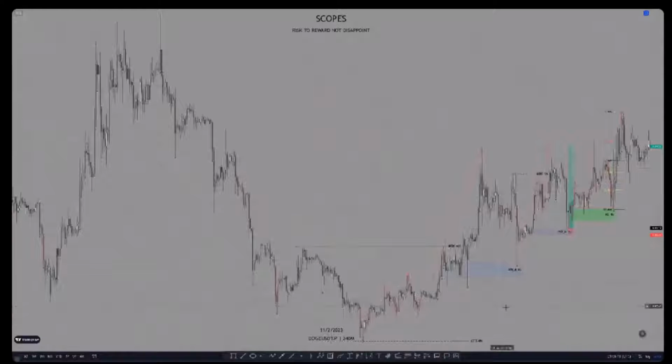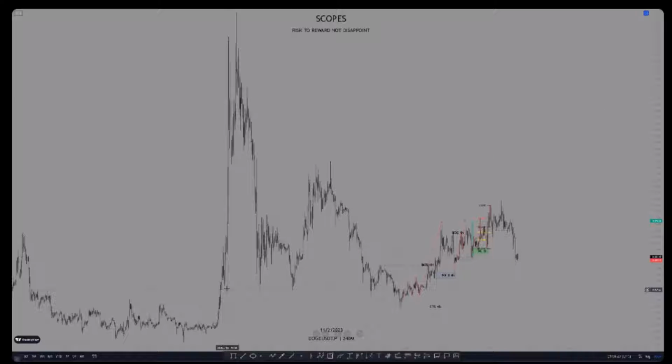So if you zoom out on the 4-hour, we're now in a bearish 4-hour trend, and I'm just trying to show you an easy, simple way of how to get in with the strategy.